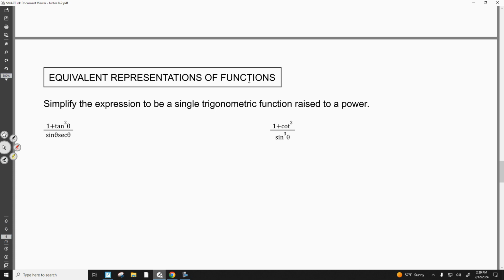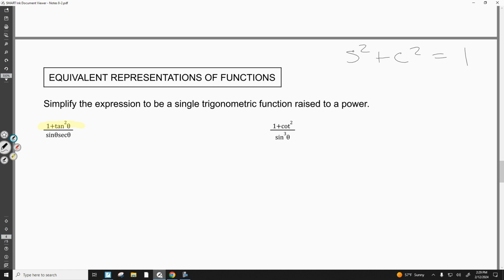Okay. We'll start, Woods, with 1 plus tangent squared. Woods, what is 1 plus tangent squared equal to? What's it equal to? You don't know either? Me neither. Okay, well, we'll start with sine squared plus cosine squared equals 1. And we will manipulate this so that we have a tangent squared. What would you like to do so that we end up with a tangent squared?